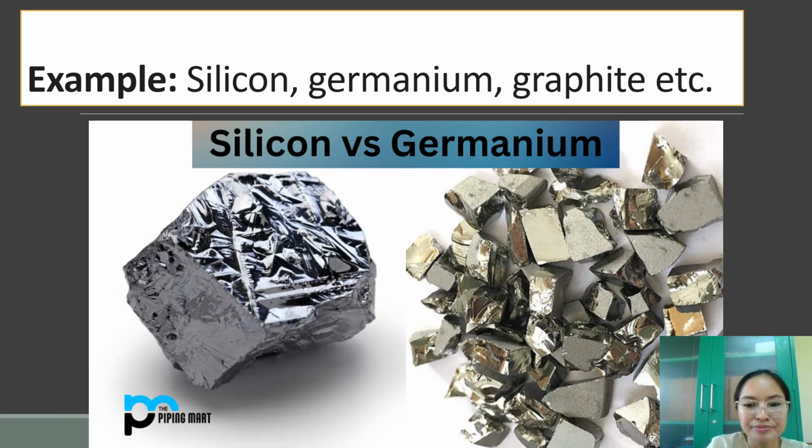Therefore, if they receive extra energy, they can conduct electricity, especially at higher temperature when they receive heat. Examples are silicon and germanium. They are the most common semiconductors.